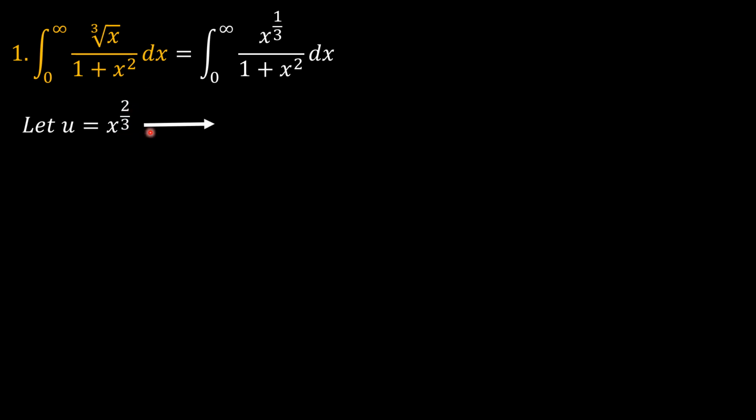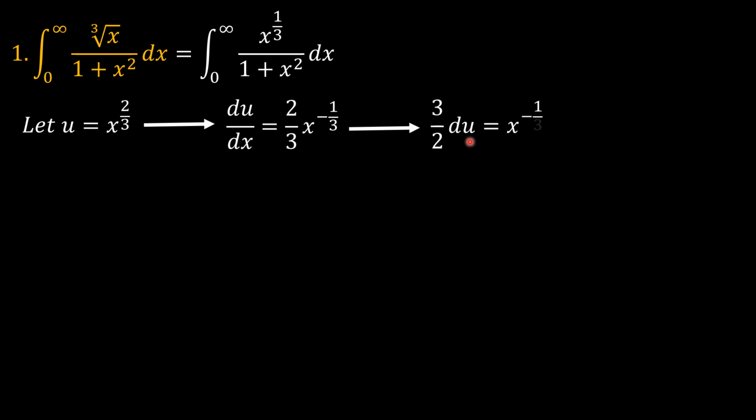And that means that du dx is equal to 2 over 3 times x to the power negative a third. So 2/3 minus 1, and then the constant becomes the power. Okay? And so when you multiply both sides by 3 over 2, we have 3 over 2 du. That can be used to substitute for x to the power negative a third dx.